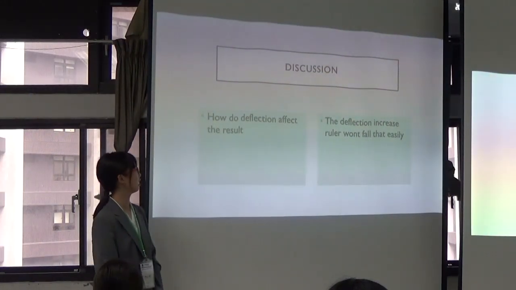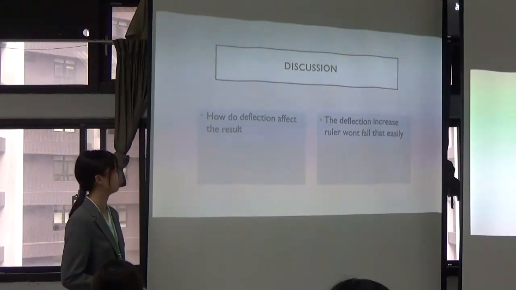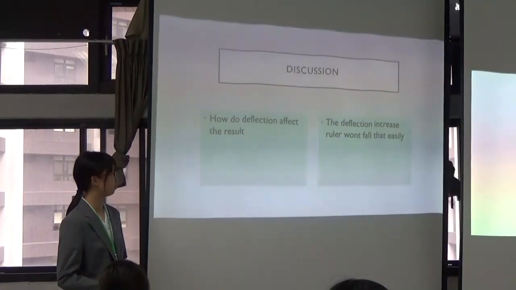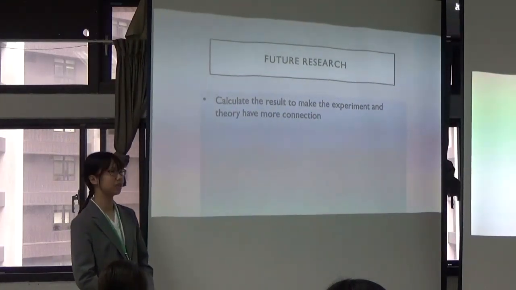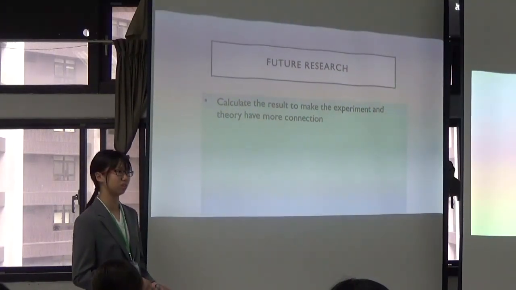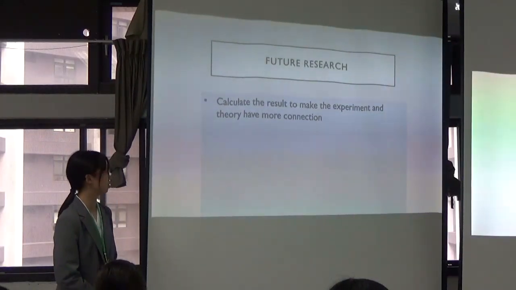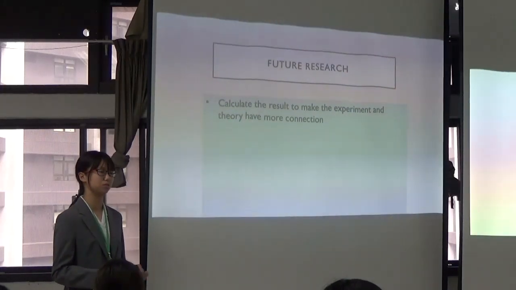And he also asked me how deflection affects our experimental result. And I said when the deflection increases, the ruler won't follow that easily. And here's what we can do in our future research and our improvement. So we can maybe calculate the result to make the experiment and the theory have more connection and be more persuasive.